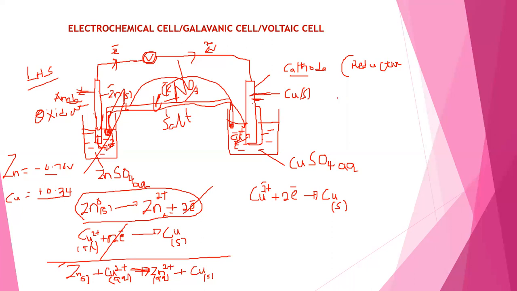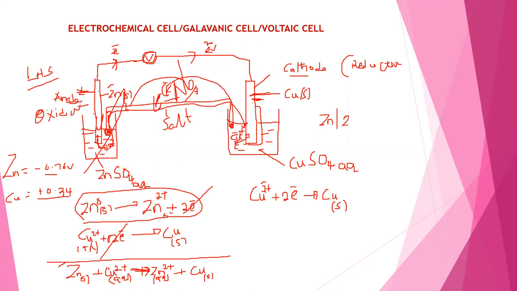We always begin with the anode, where the oxidation is taking place. What is there at the anode is zinc. So this zinc is oxidized. This line represents the interface of the metal and its ion.